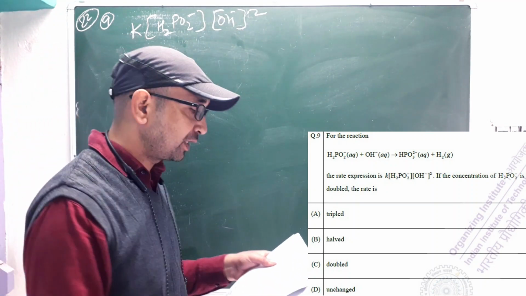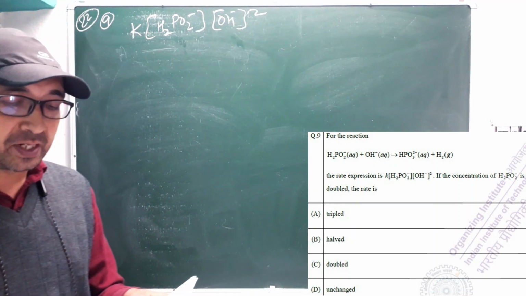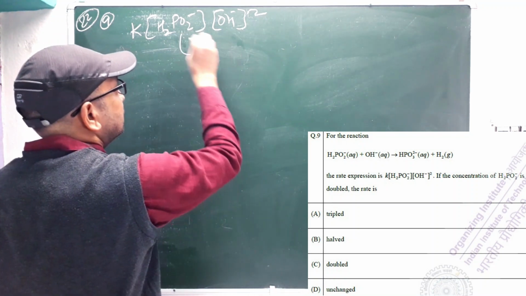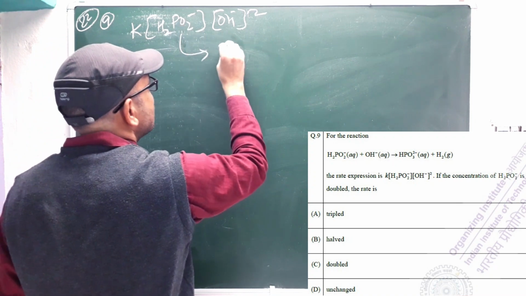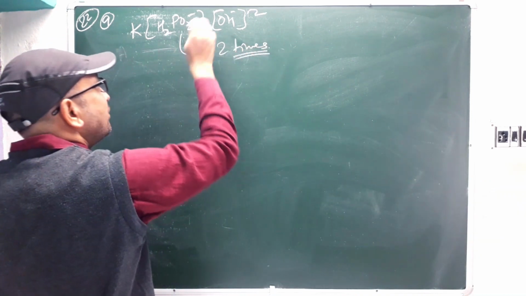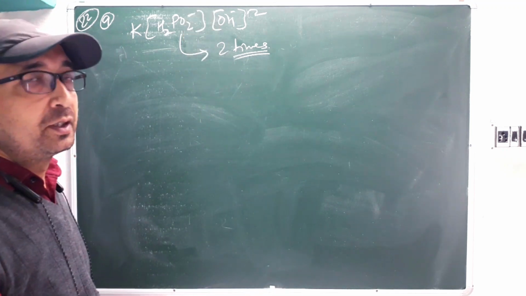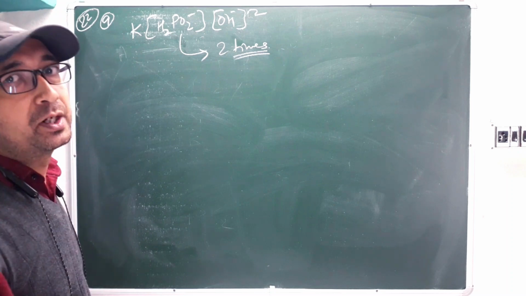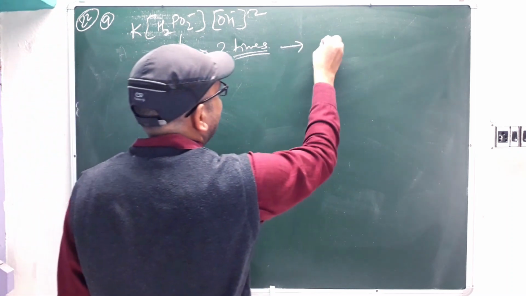Now what they are changing: if the concentration of H2PO2 minus is doubled, they are just doubling this concentration, and we know that this is a first order reaction, right? So whatever has happened in the reaction to the product side, it will be doubled. If it is 2 times, it will be doubled.